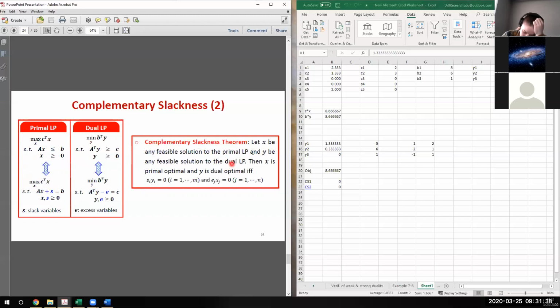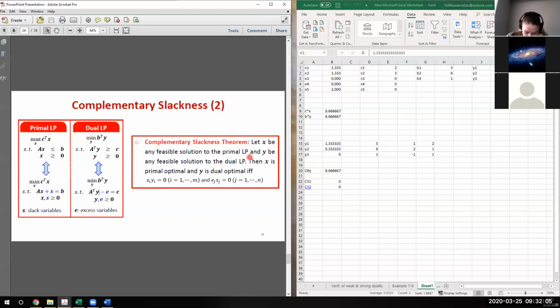Now, again, let x be any feasible solution to the primal LP, and y be any feasible solution to the dual LP. By the way, here I'm talking about this solution and this solution. So in this case, I do have x greater than or equal to 0, and also s greater than or equal to 0.